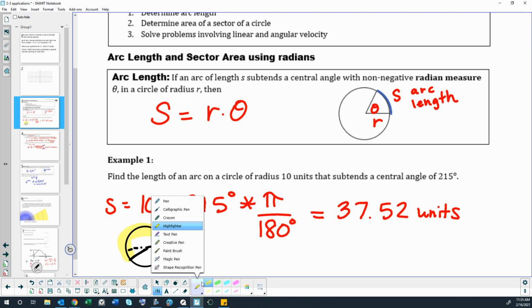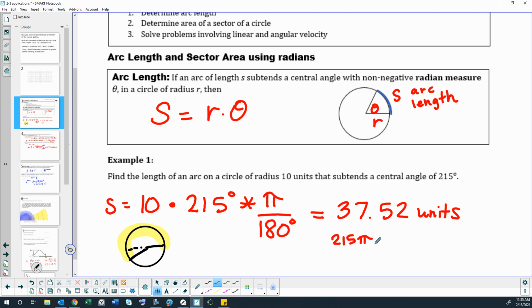So if we do leave this exact, 215 pi over 18, which is approximately equal to 37.52, and I just rounded it to a couple of decimal places.